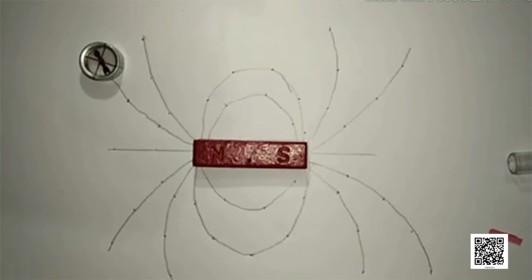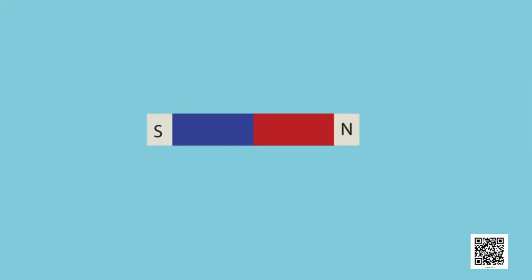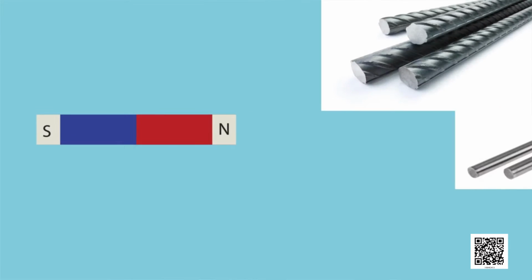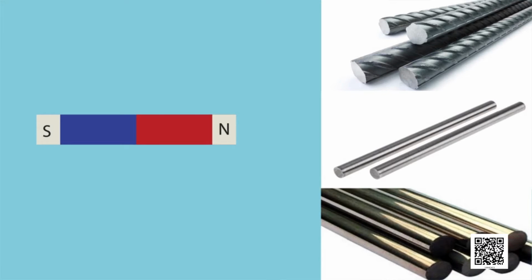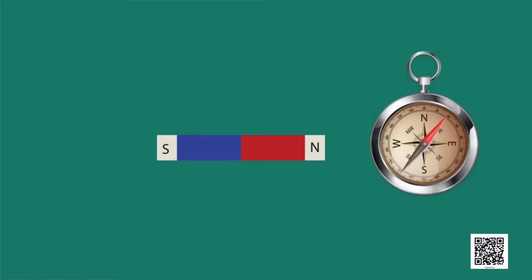Children, let us now study about magnetic field due to a current carrying conductor. We know that a magnet attracts some materials towards it. We have seen in the activity that we have just now performed that if we bring a magnet near to a compass, then its needle gets deflected.